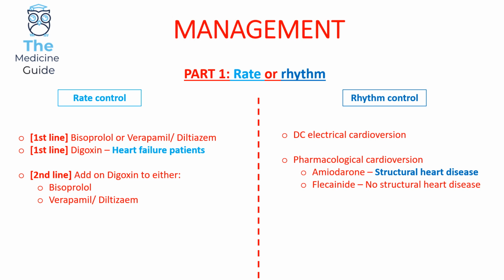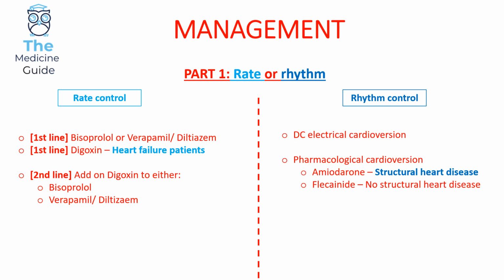I mentioned previously that DC electrical cardioversion is an example which can be used for rhythm control, and examples of pharmacological cardioversion as part of rhythm control involve the use of amiodarone, which is preferred in patients with structural heart disease, and also flecainide, which can be offered, and this is preferred in patients who don't have any structural heart disease.